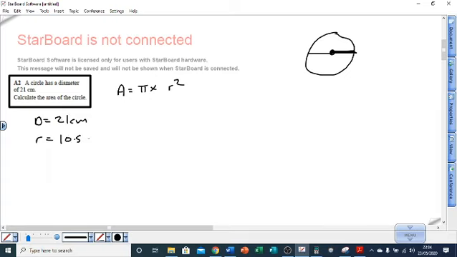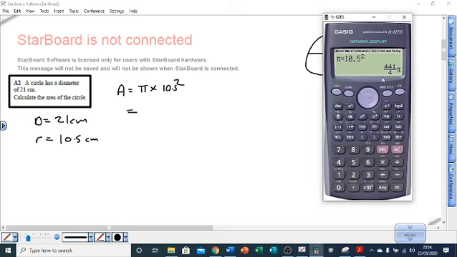So that has to be replacing that there. So 10.5 squared and then times by pi. So we've got shift pi times 10.5, and don't forget to square it, and we get that answer there, which is 100% accurate. I'll keep on saying that.